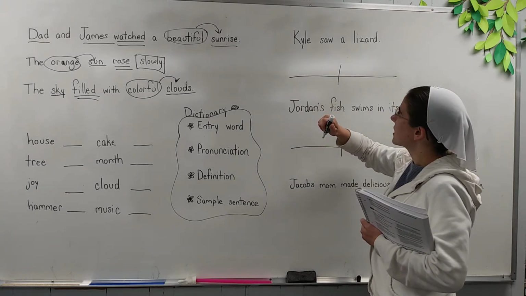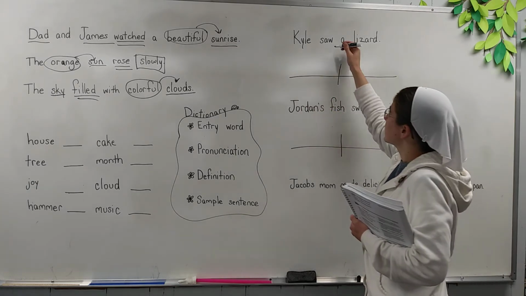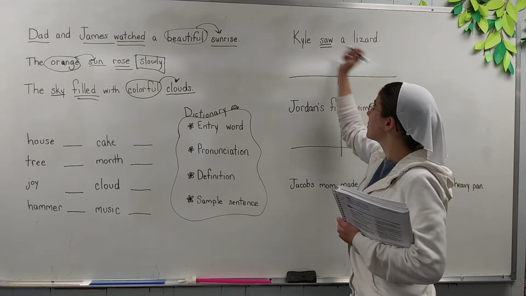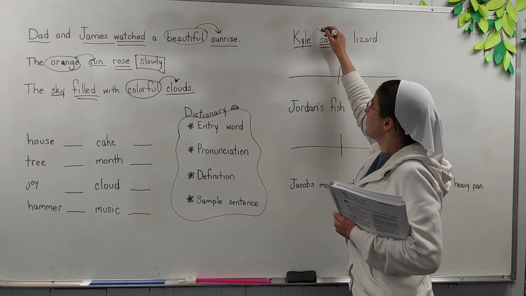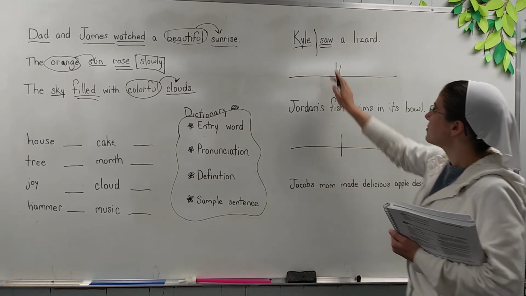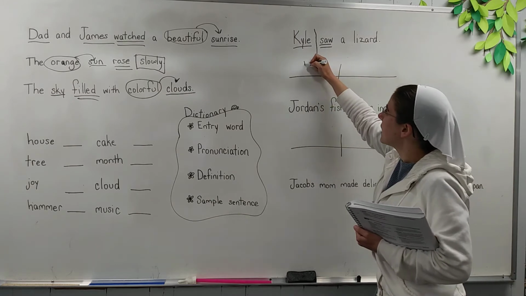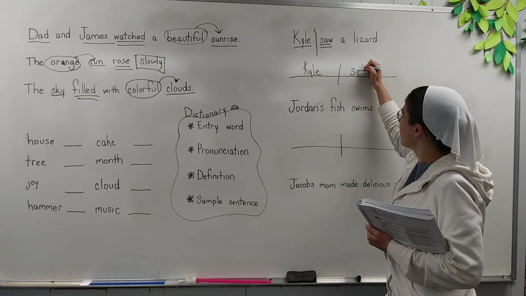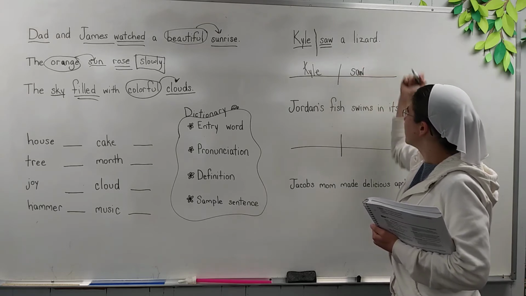The verb, Kyle saw a lizard. That is the action. And what is the subject? Who saw? Kyle saw. We divide between the subject and the predicate right before the verb. And then we put Kyle in this room and saw in the right room.